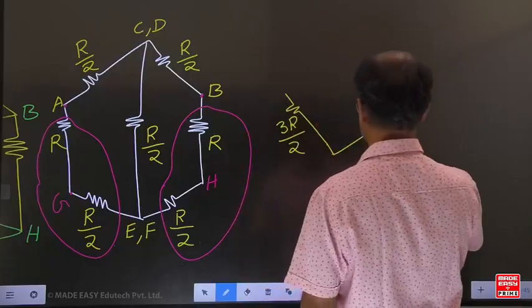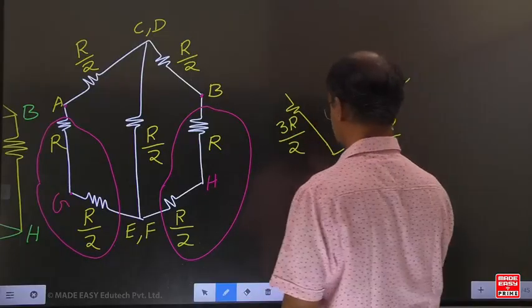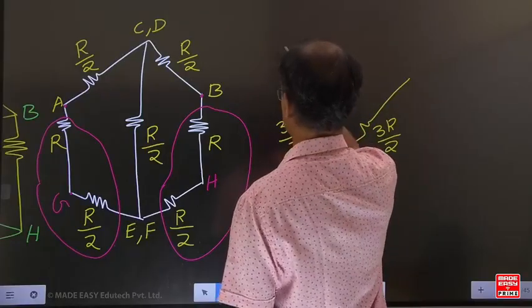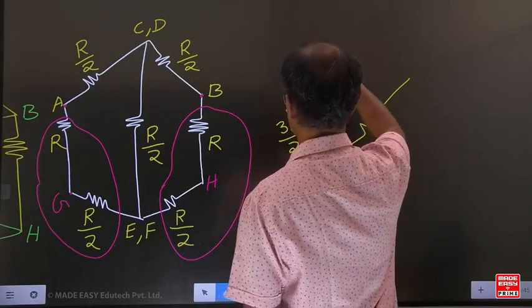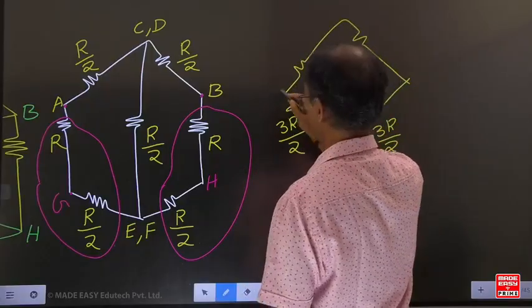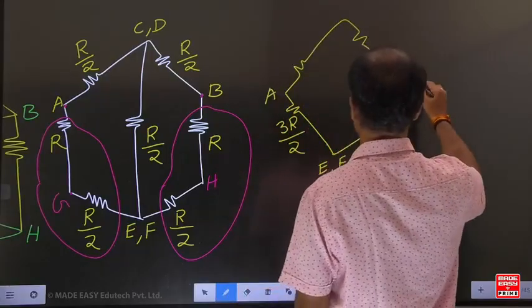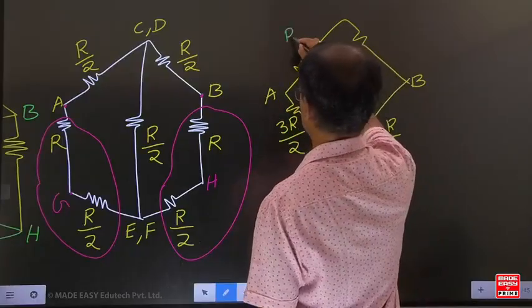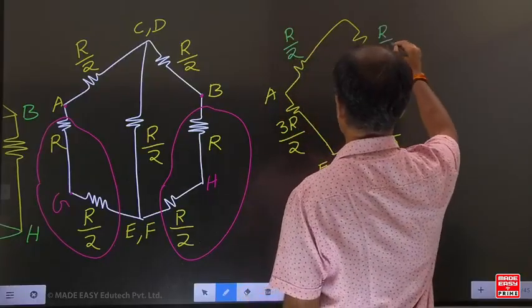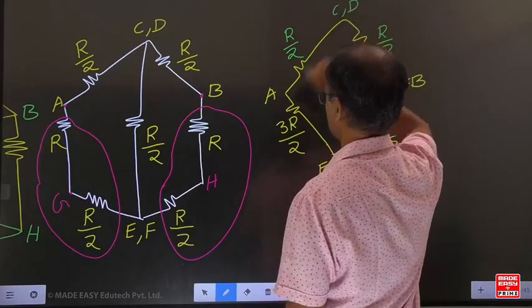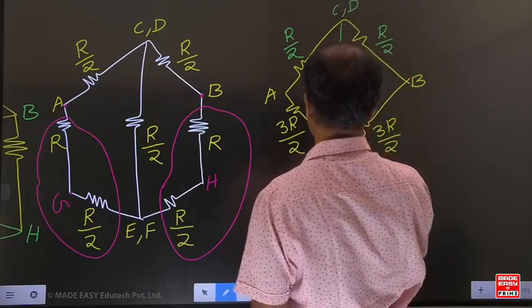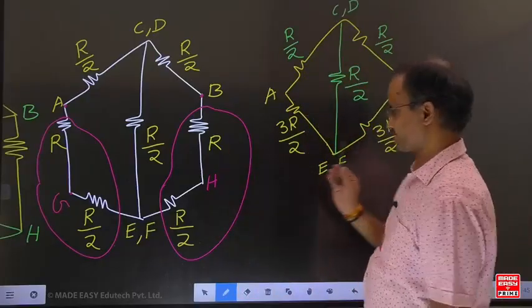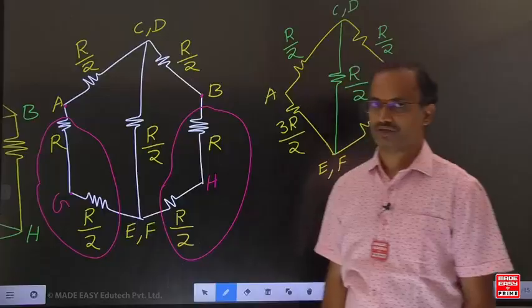R by 2 both are in series. These two are in series, 3R by 2. It is also 3R by 2.